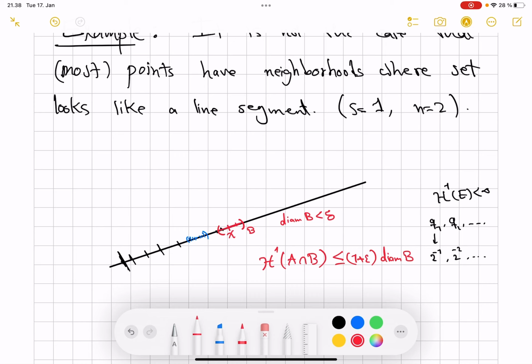How come the set around this line segment, although it has a lot of branchings, infinitely many points, every rational here has one, still satisfies this? That's where this epsilon comes from.